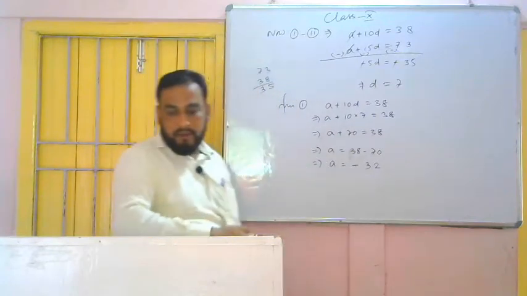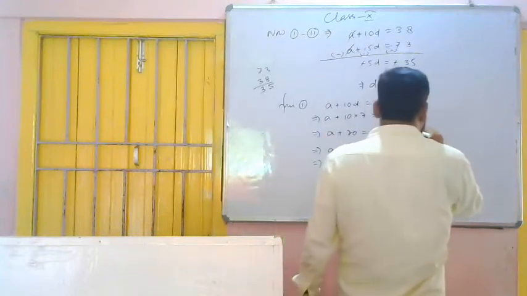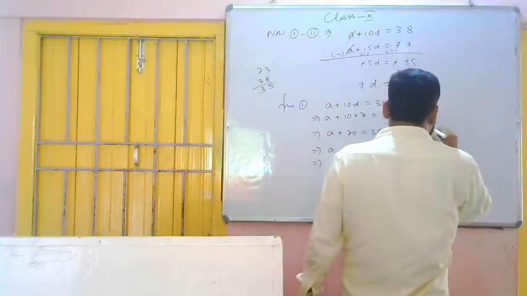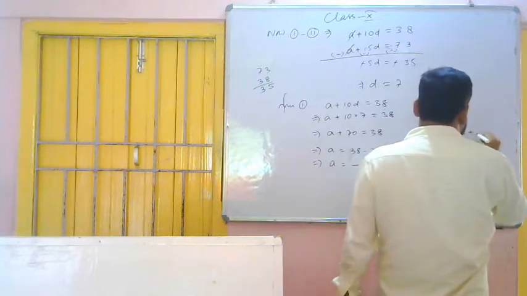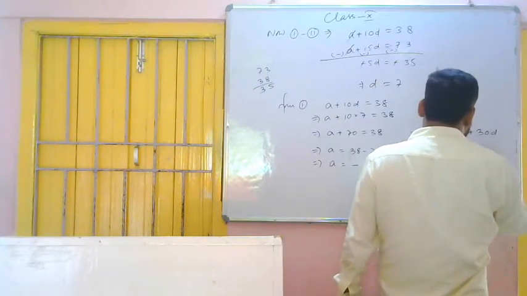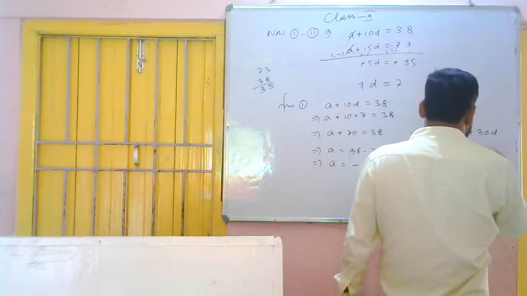Now we have to find out 31st term. Therefore, A31 is equal to A plus 30D is equal to minus 32 plus 30 into D, that is 7.